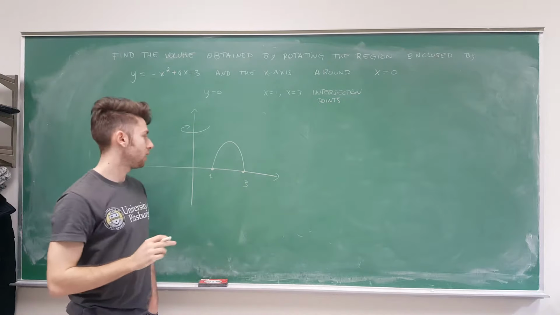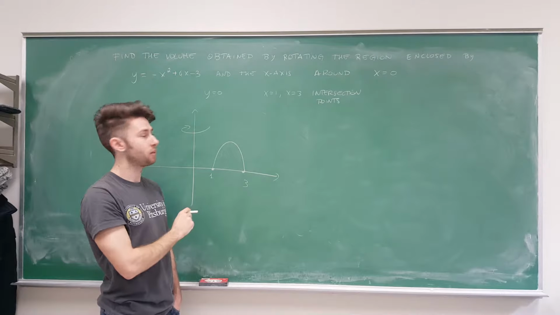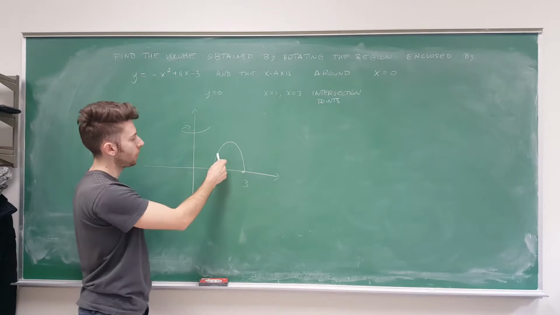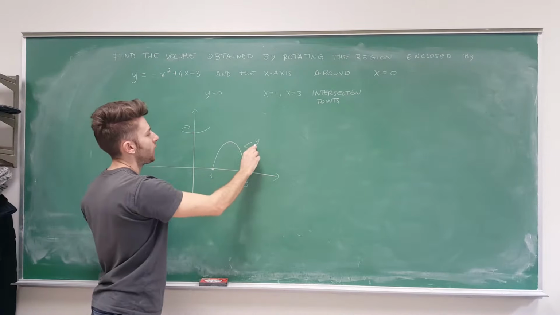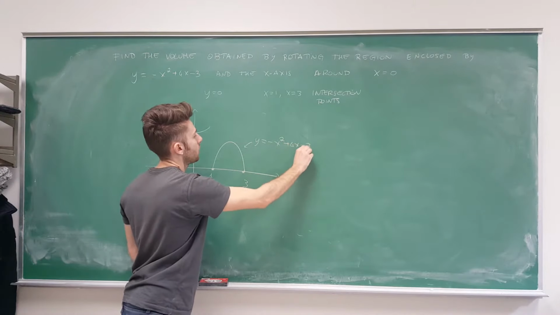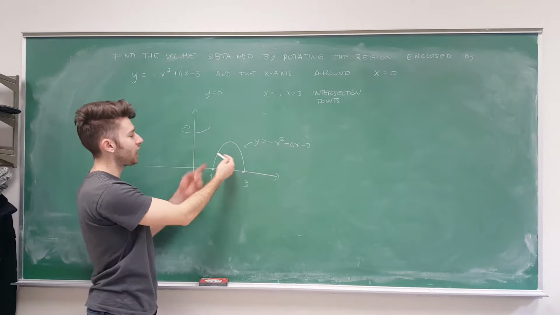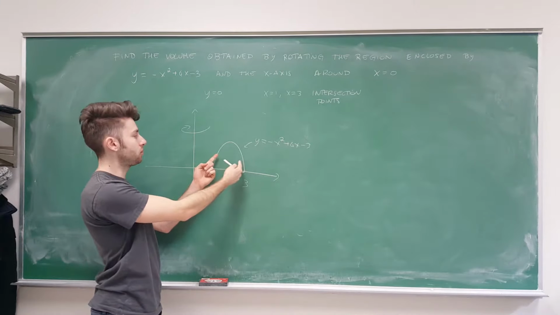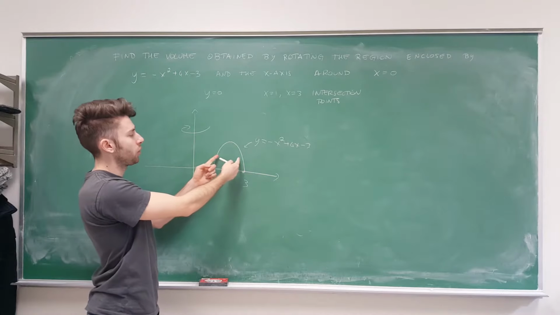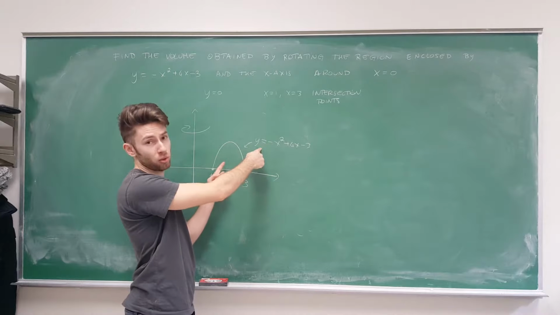Now let's see if we should draw a vertical segment or a horizontal segment. This is y equals minus x squared plus 4x minus 3. Notice that if I draw a horizontal segment, then I'm going from the parabola to the parabola, which we could do, but we would need to solve this for x in terms of y.